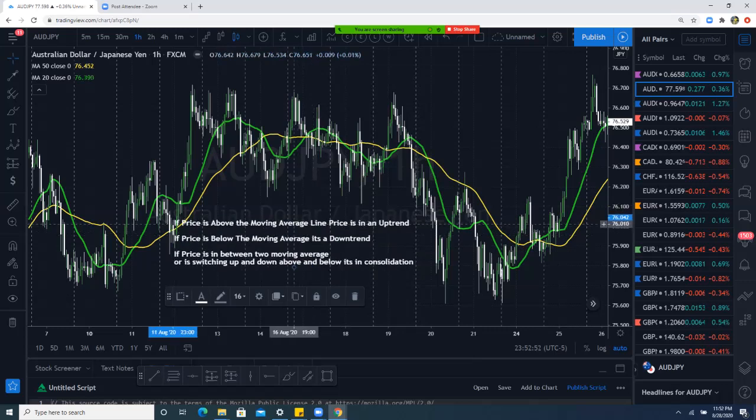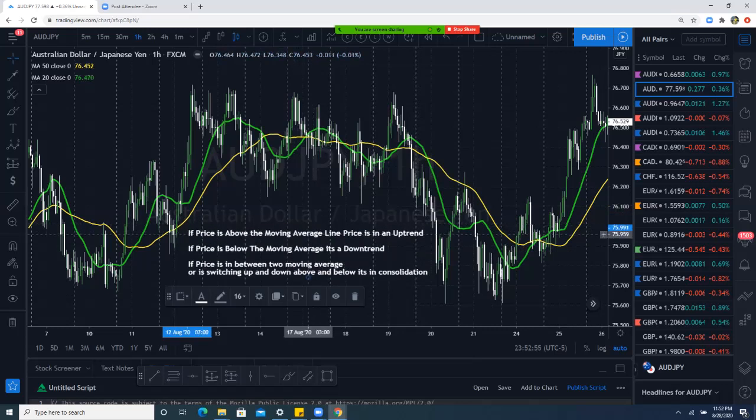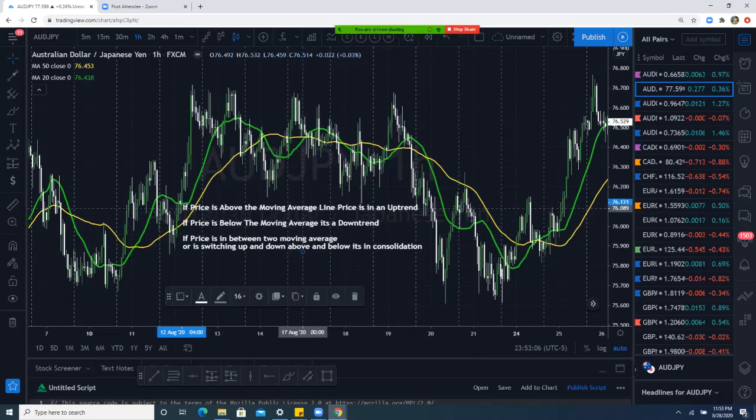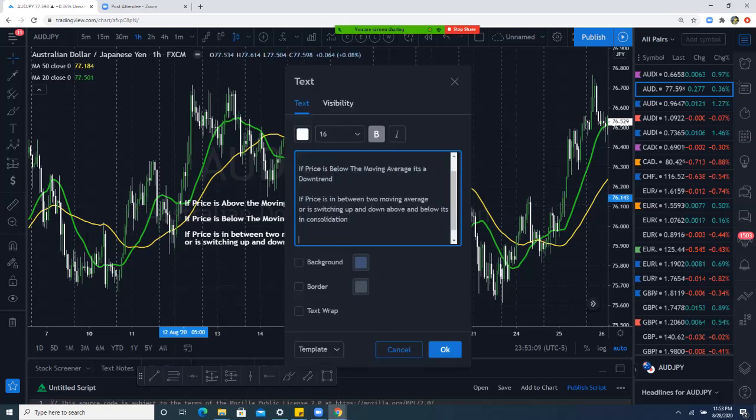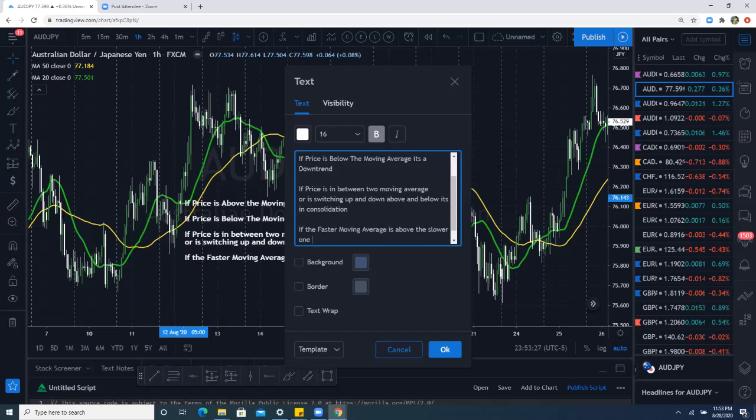So basically, these would be the rules for an uptrend. This is one of them. If you're using two or more moving averages, then you can use another rule. If the faster moving average, the one that's going to have the least numbers, and in this case the faster moving average is the 20 moving average, is above the slower one, price is in an uptrend.